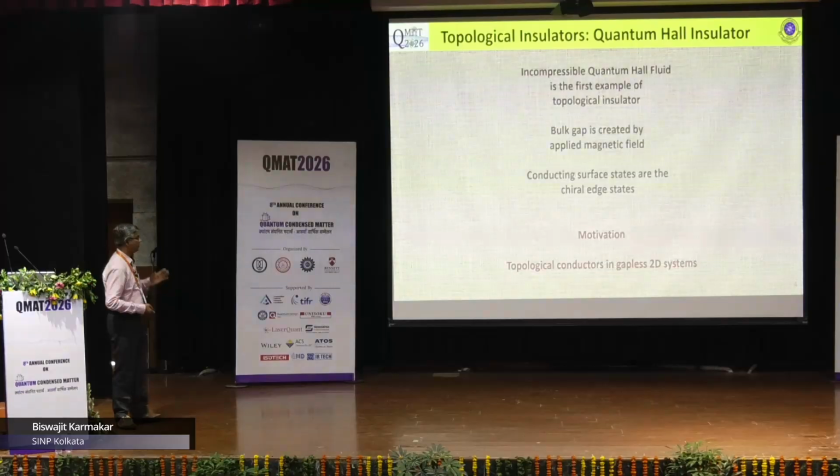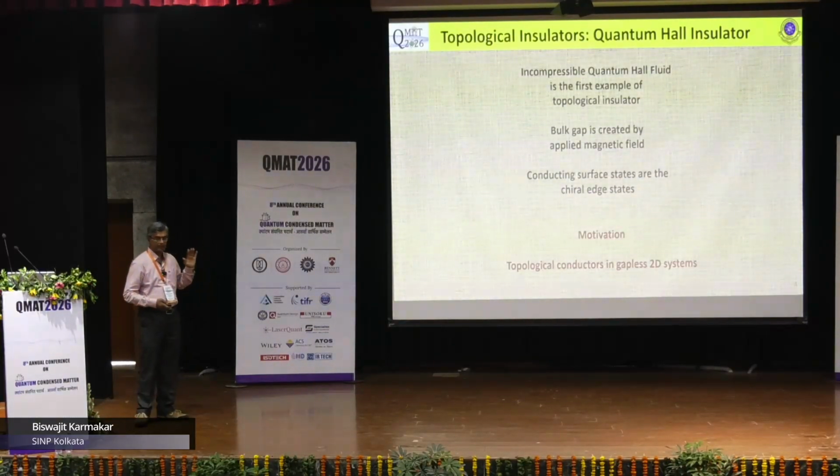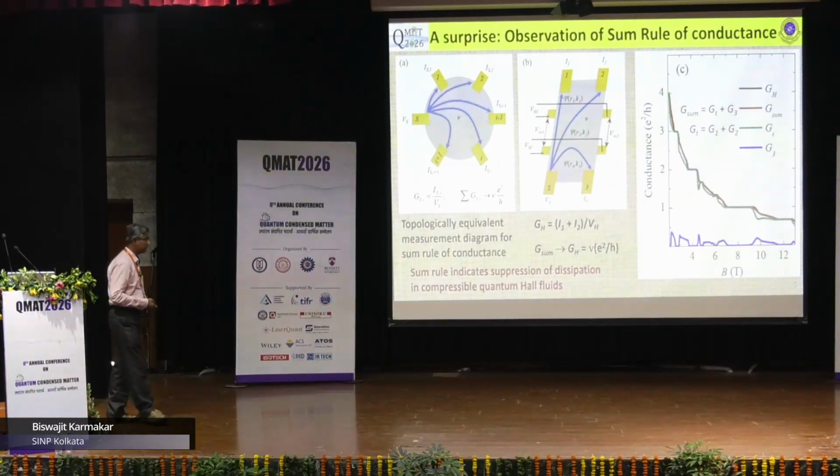It is not a topological insulator, it is a topological conductor. So, I will experimentally prove this. First I will introduce our surprise, the observation of a sum rule of conductance.